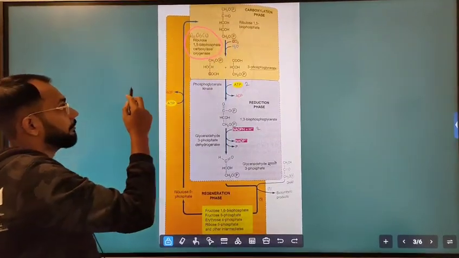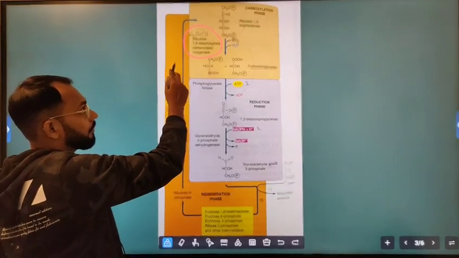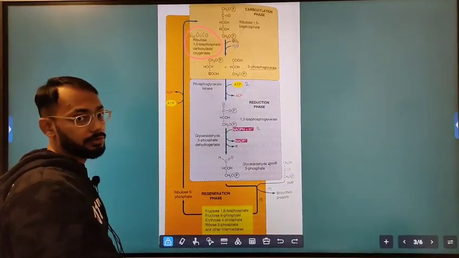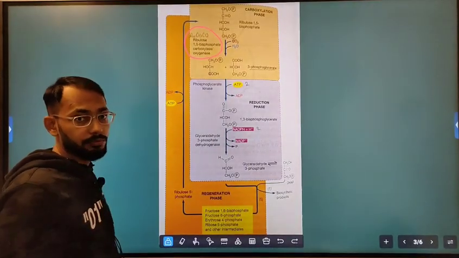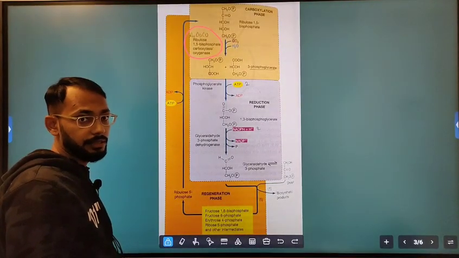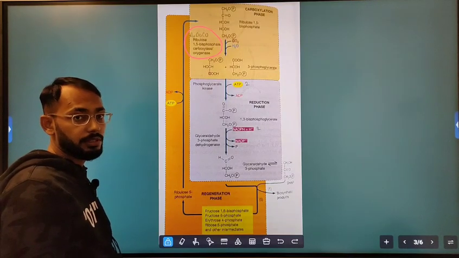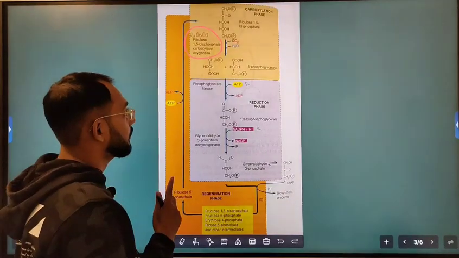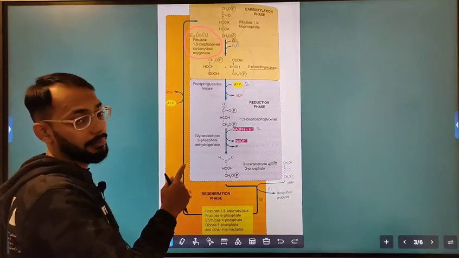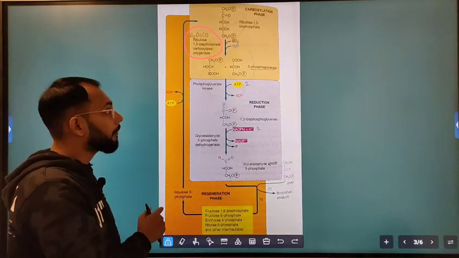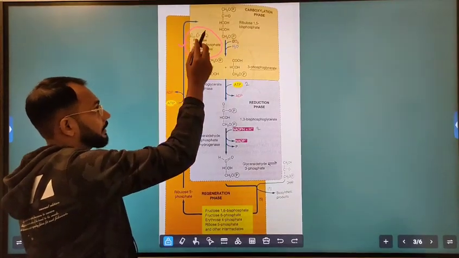This Rubisco enzyme stands for ribulose 1,5-bisphosphate carboxylase oxygenase. This enzyme performs both activities, carboxylation and oxygenation. In the C2 cycle or photorespiration, it performs the oxygenase activity, but here in Calvin cycle, where carbon dioxide is being fixed, this Rubisco enzyme performs the carboxylation activity.